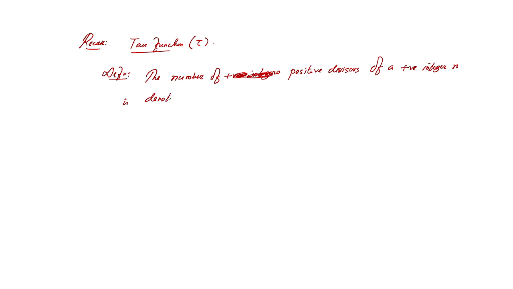The number of positive divisors of a positive integer n is denoted by tau n.